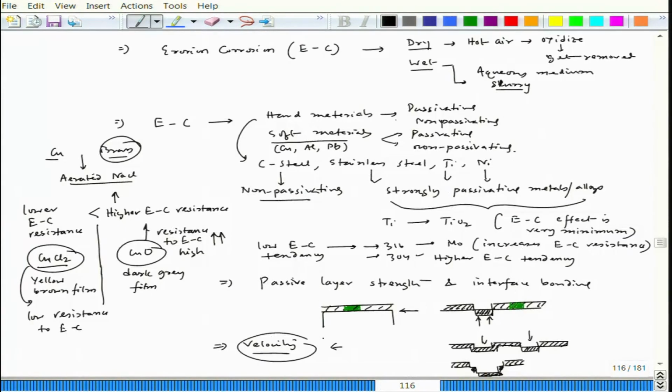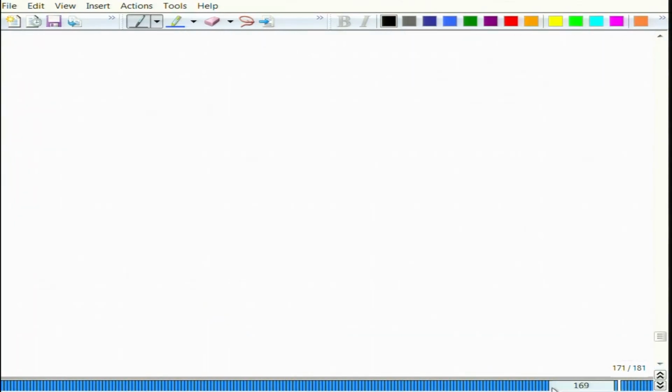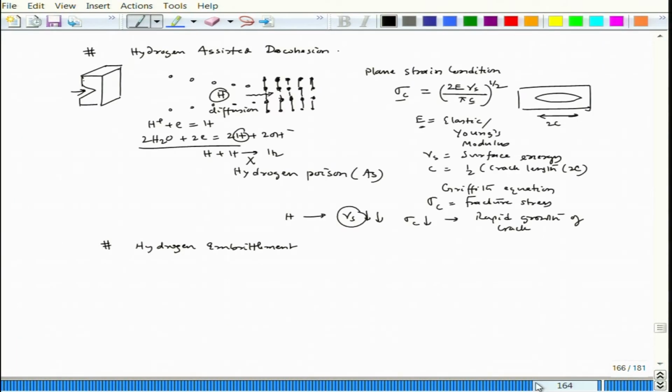In hydrogen embrittlement, what happens? This is the crack tip, and at the crack tip we have hydrogen generation, atomic hydrogen, which is either by reduction of hydrogen ion or reduction of water.